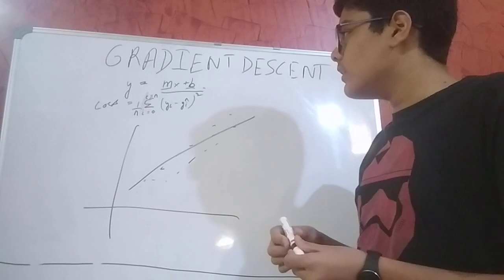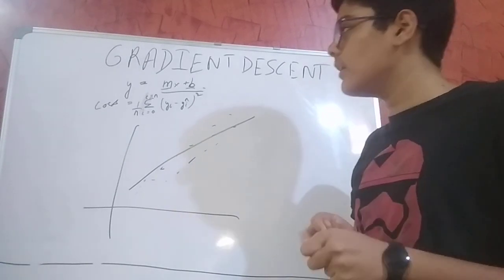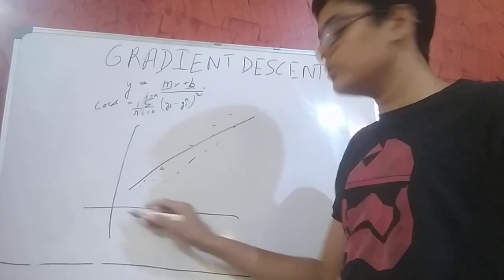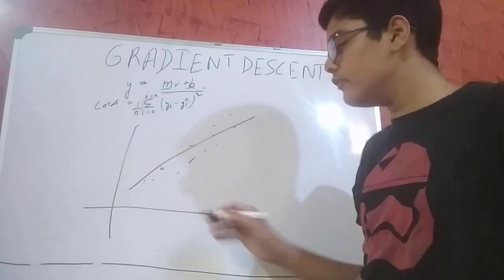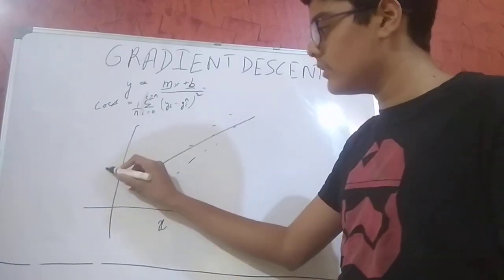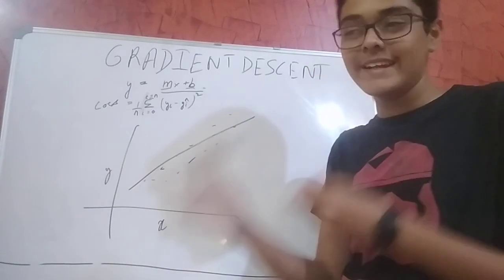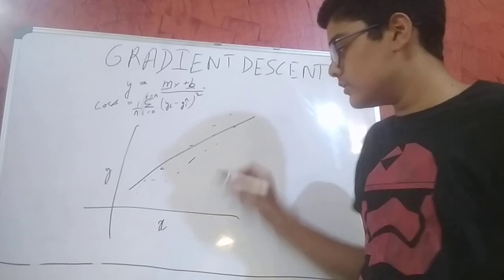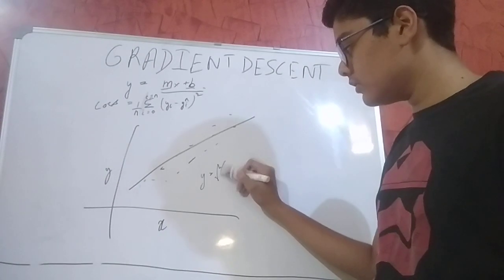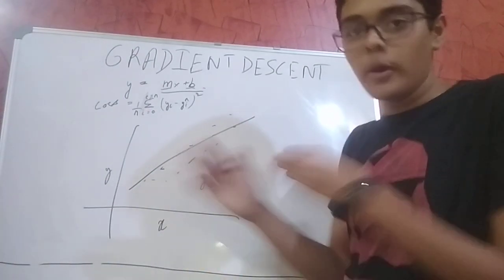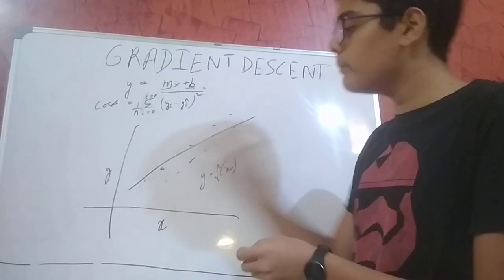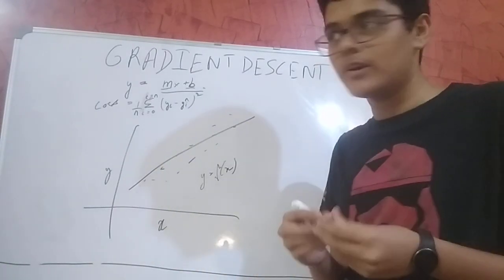So that was gradient descent for optimizing a linear regression algorithm where we just had one feature. By the way, feature is your x and label is your y. Whatever you want to predict is usually your y, and features is x. So you can also say y equals some function of x. Then you optimize for m and b, and you finally get this best fit line for your model.